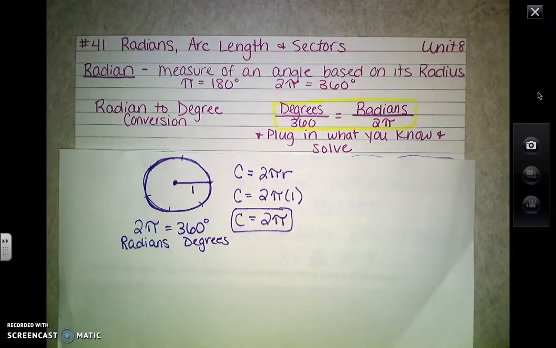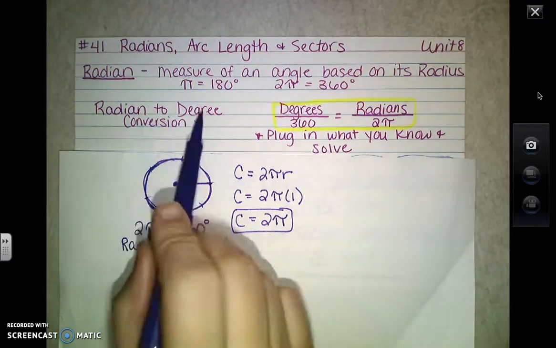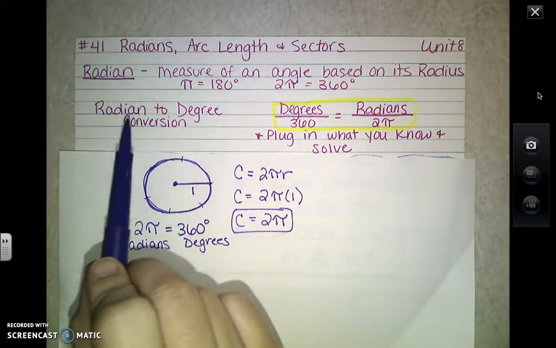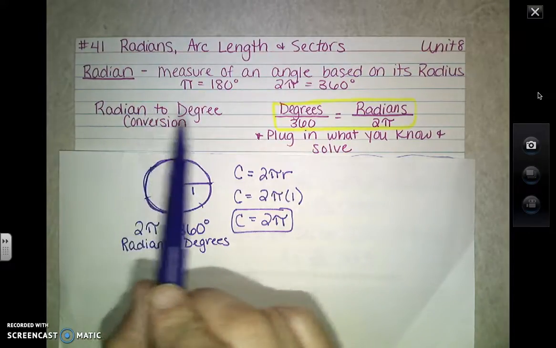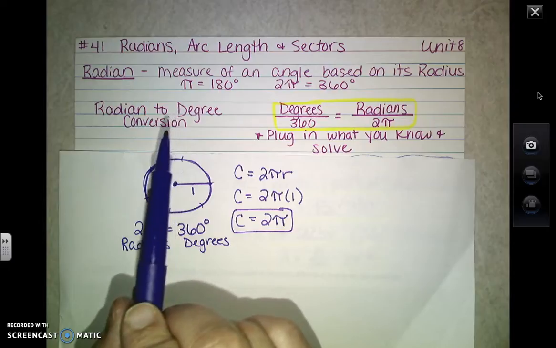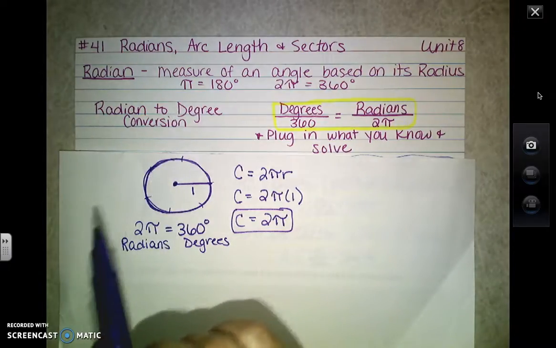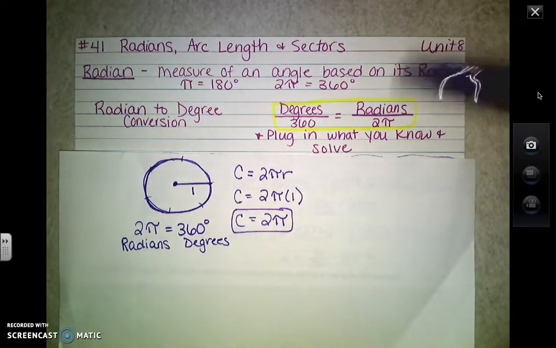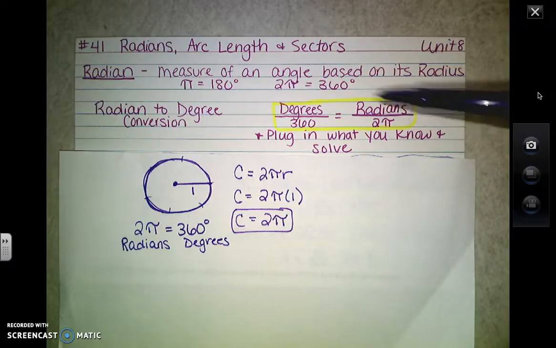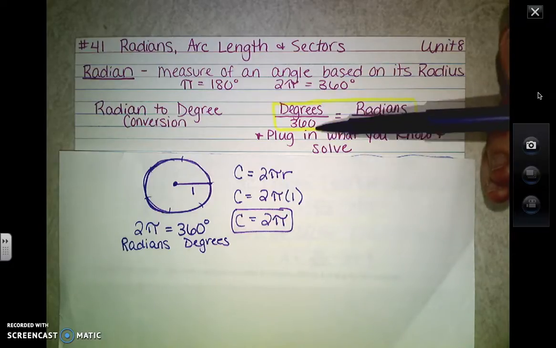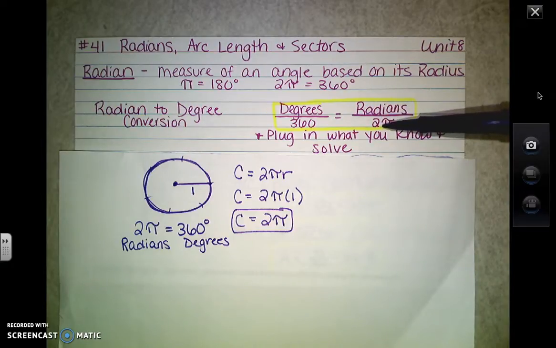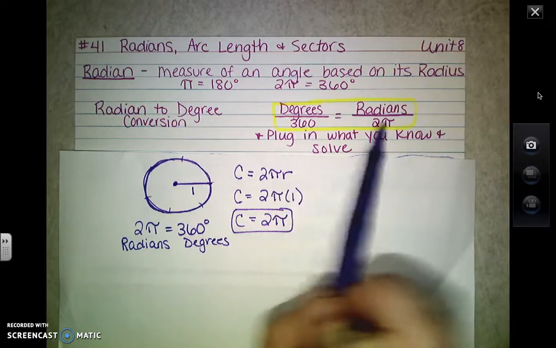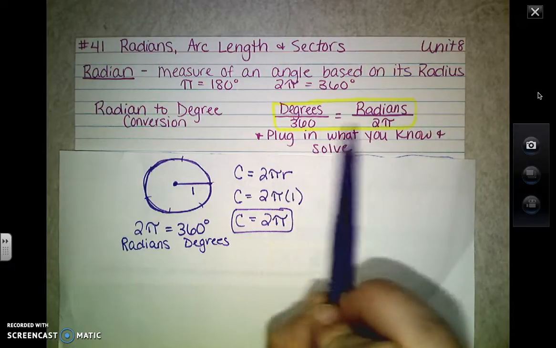If I want to convert radians to degrees or degrees to radians, you'll see different representations of this, but in my opinion, the easiest way is to stick with a single proportion. Instead of having one way to convert one and one way to convert another, the single proportion can convert both ways. Any degree measure over 360 will equal the equivalent radian measure over 2 pi. As you know, 2 pi is 360 degrees, so we have those lined up.